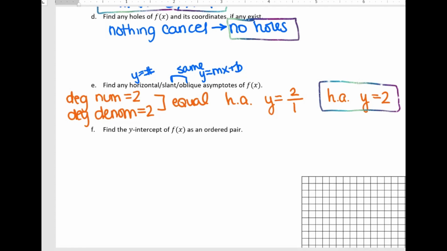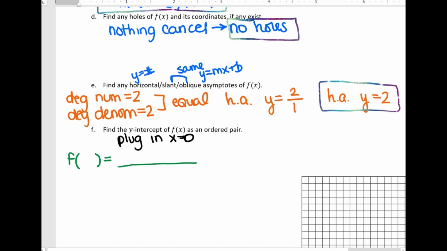Y-intercept. Remember, we find the y-intercept by plugging in x equal to 0. So depending on which form you want to use, you can use the factored form or the original because nothing simplified. If something had simplified, you would need to use the simplified form.